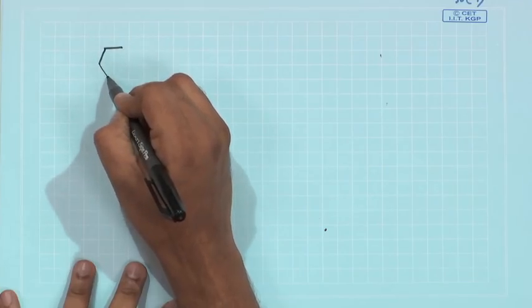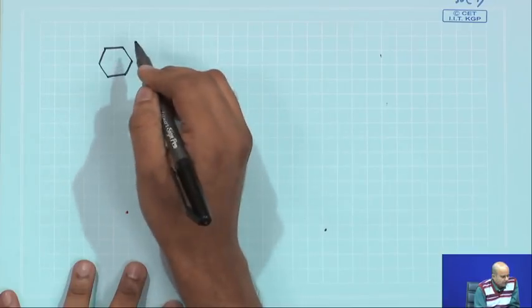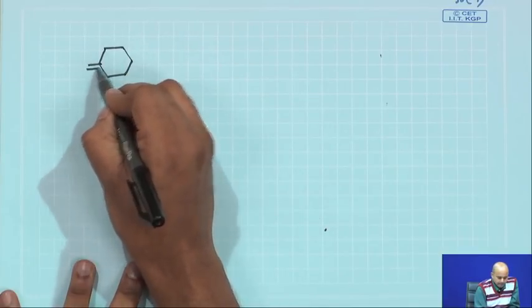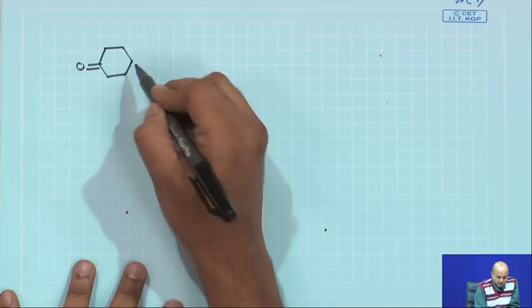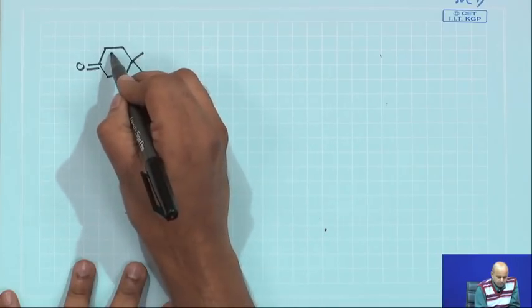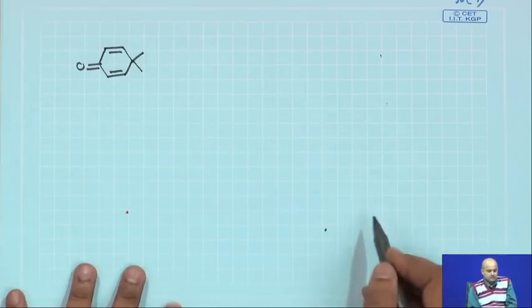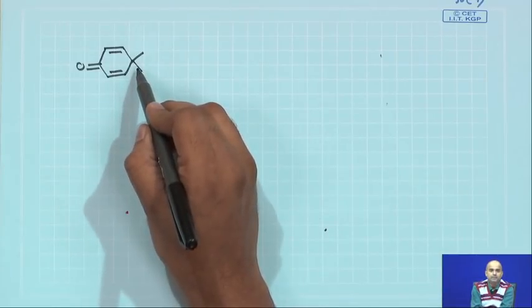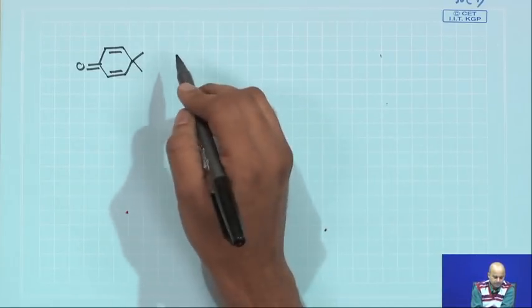Now, for the forward synthesis, we will start from a very simple, straightforward molecule whose structure is this structure. Now, this methyl basically serves as the bridge dimethyl.